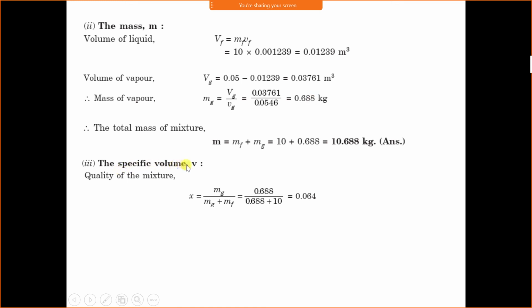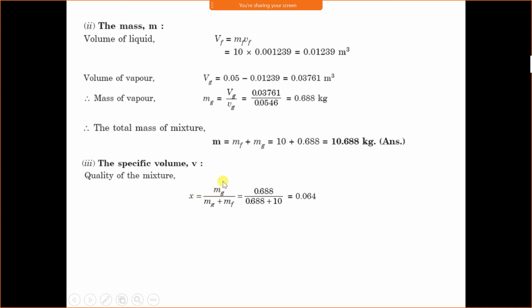Third, the specific volume. Here the quality first of all we have to calculate, because specific volume of wet steam requires the value of x. Therefore, first of all we will calculate the value of x, that is dryness fraction.